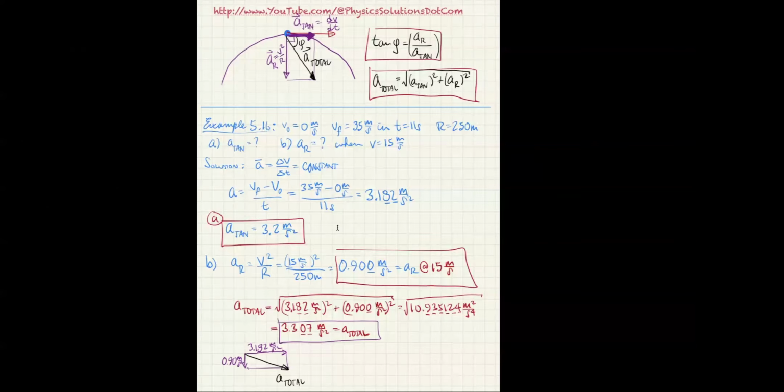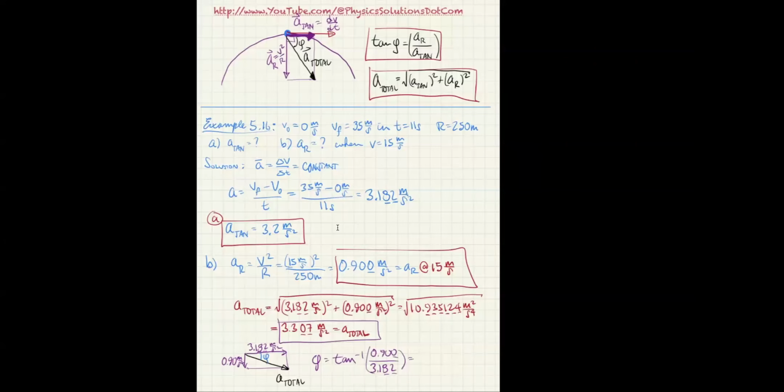And that A total deviates from the velocity by an angle phi right there. And that angle phi is given by the tangent inverse of 0.900 over 3.182.